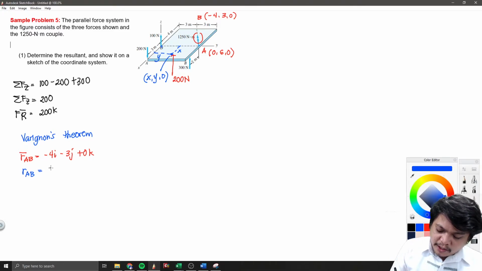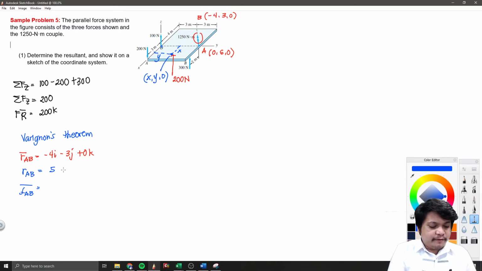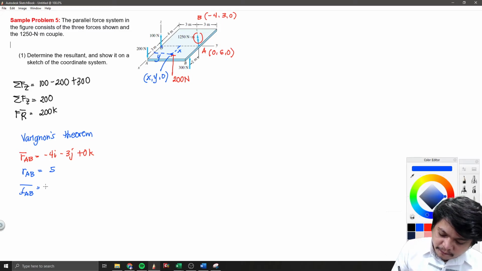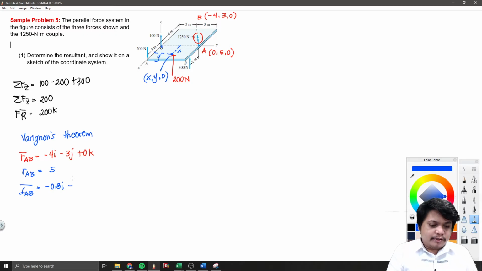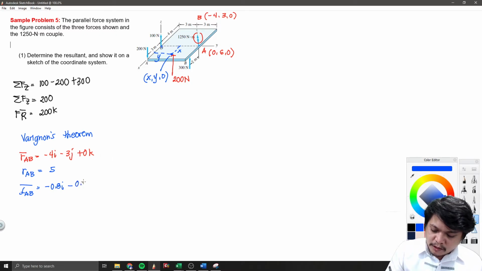So, si RAB is just equal to 5. Okay? So, lambda AB, we will be having here negative 4 all over 5, so negative 0.8 of I, and then minus 3 all over 5, negative 0.6 of J plus 0K.